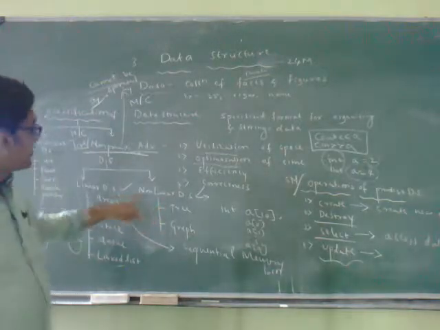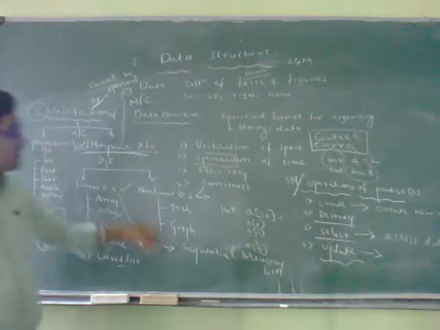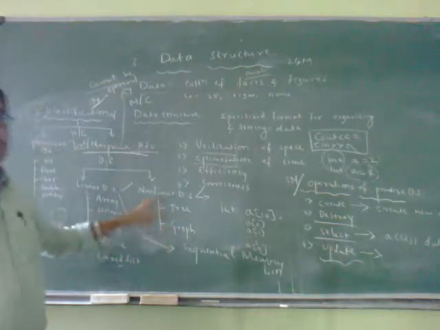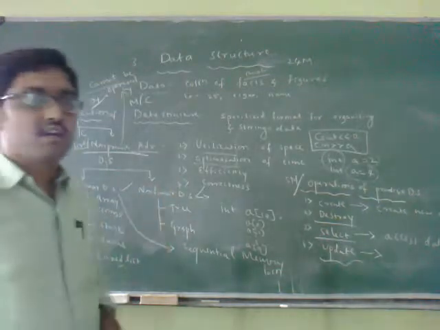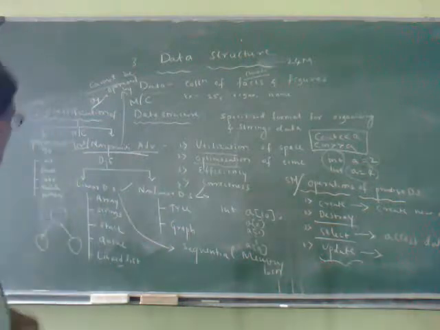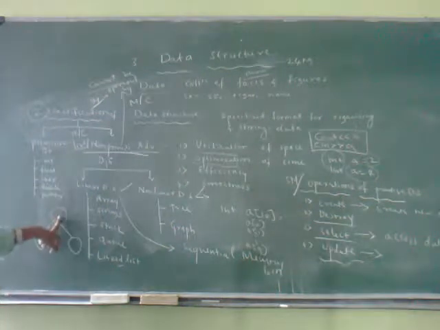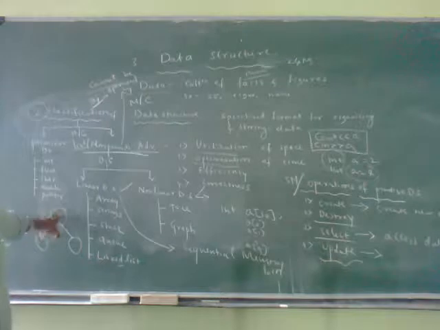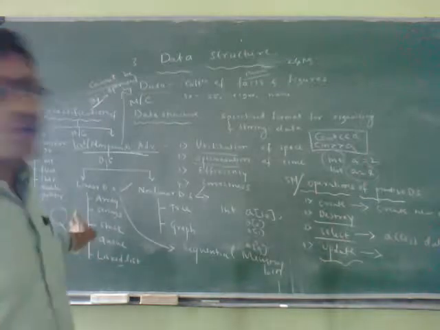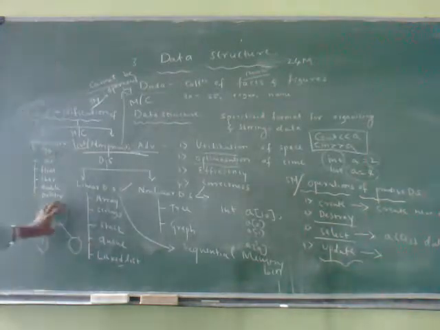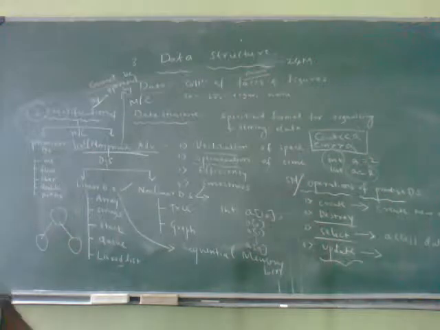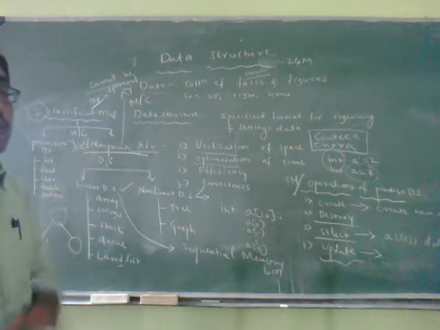Tree and graph are the two examples. Non-linear data structure means the data is arranged in a hierarchical manner, in a parent-child relationship.